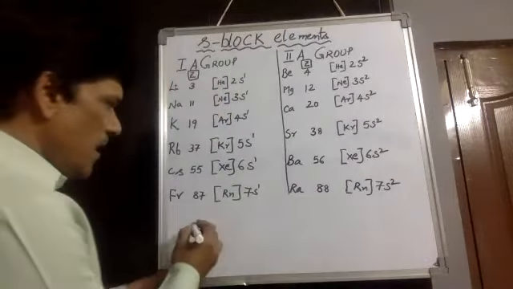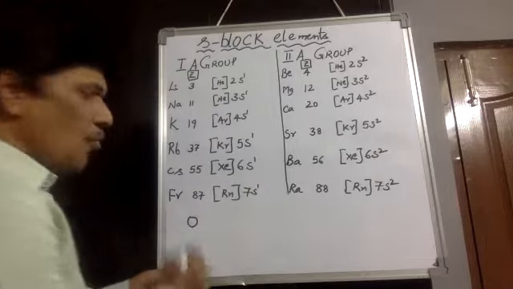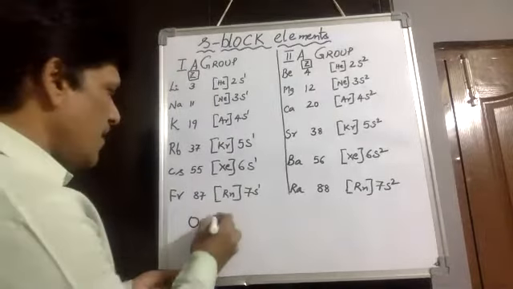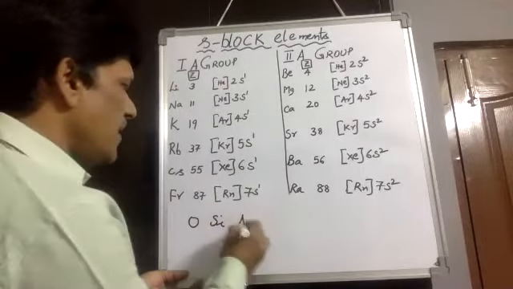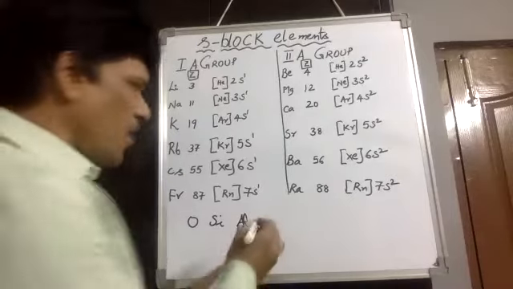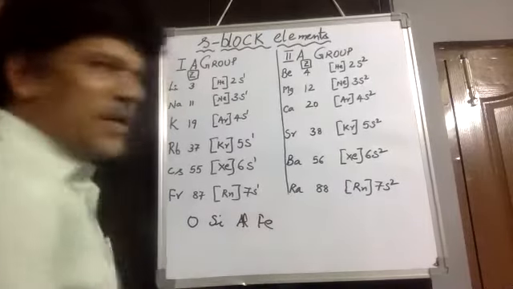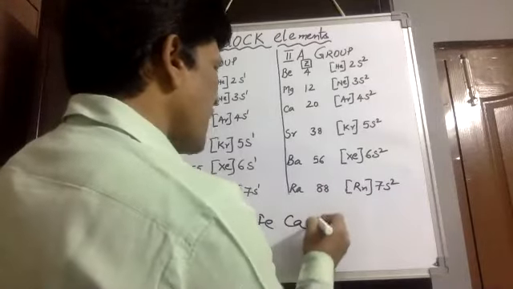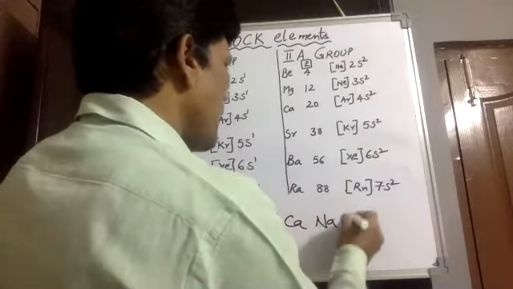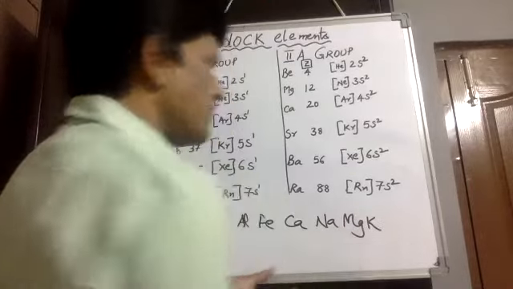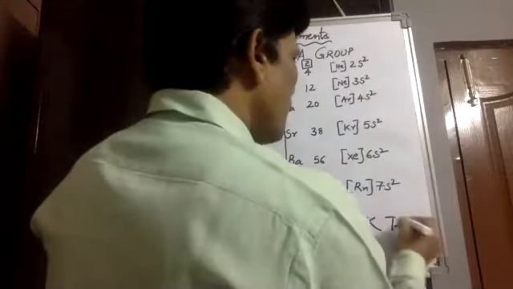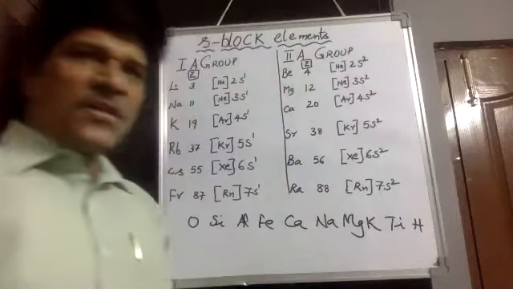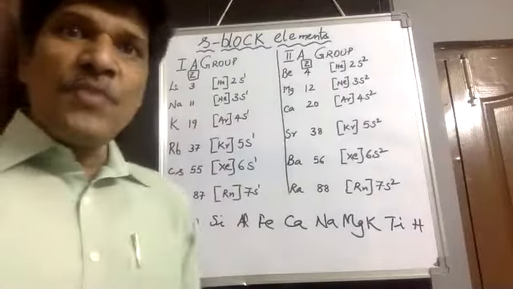In decreasing order, oxygen is the most abundant element, followed by silicon, then aluminium in third position, iron in fourth, calcium in fifth, then sodium, magnesium, potassium, titanium, and hydrogen. These are the first 10 elements by occurrence.